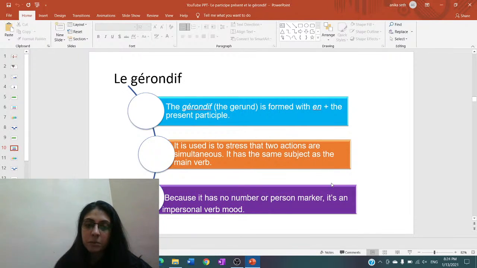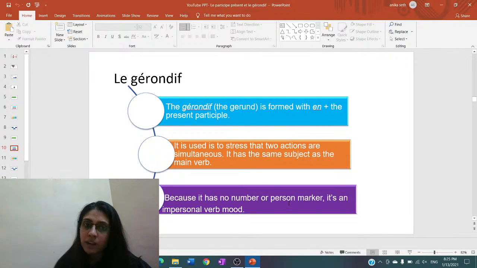And just like the present participle, this is also an impersonal verb mood because again, I am not putting it with any specific subject pronoun. I am saying that I am eating my food while watching TV. So, this while watching TV would remain the same even if I change the subject pronoun from I to you, to he, to she, to they.